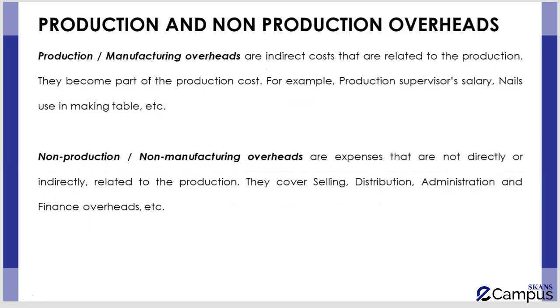Now, moving on to the next point, production and non-production overheads. Indirect costs are of two types. One, which are related or incurred for production purposes.